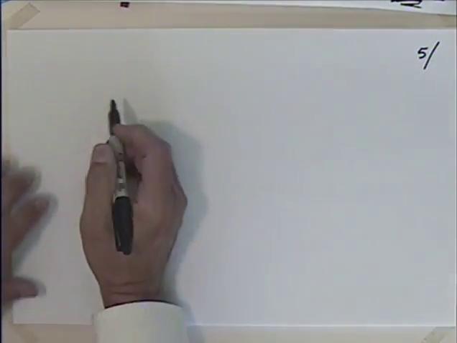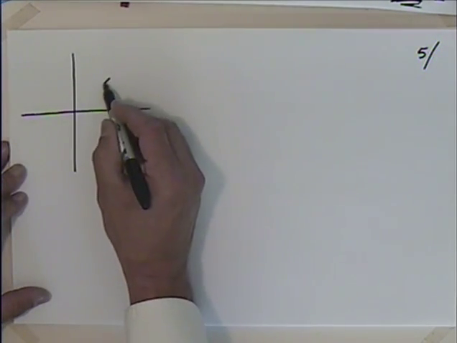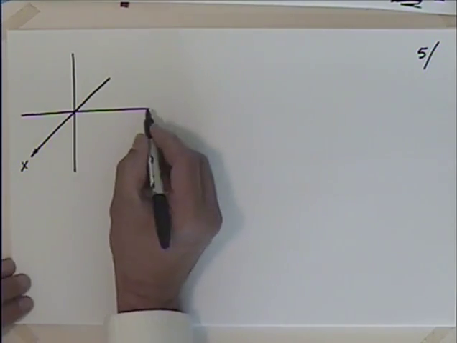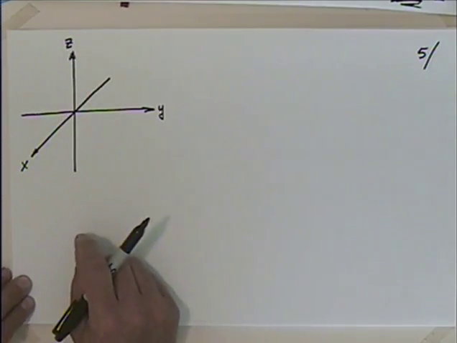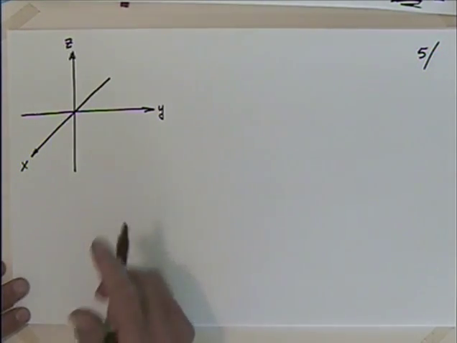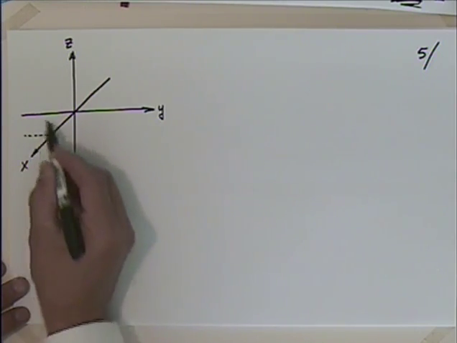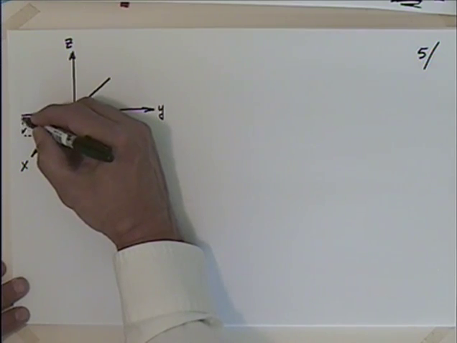So let me look at a coordinate system here. I've got X, I've got Y, I've got Z. Again, a right-hand coordinate system. And I'm going to show a couple of vectors here.